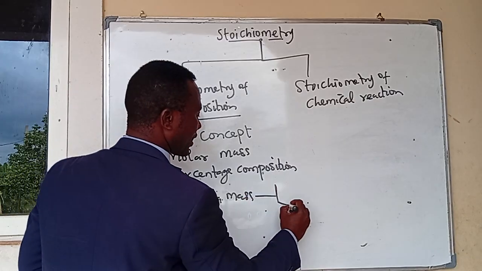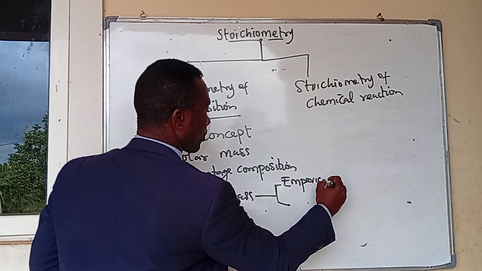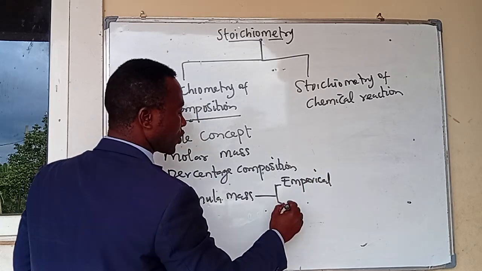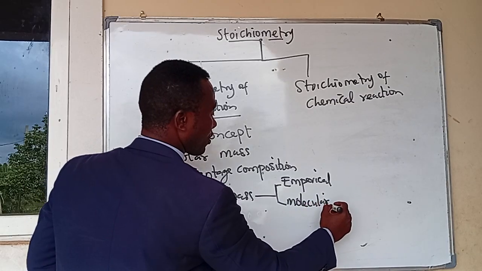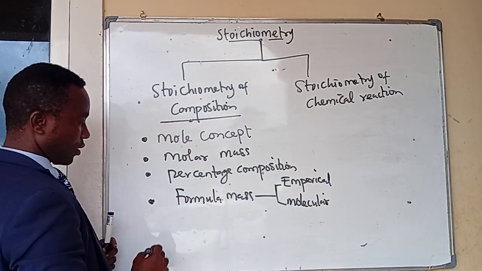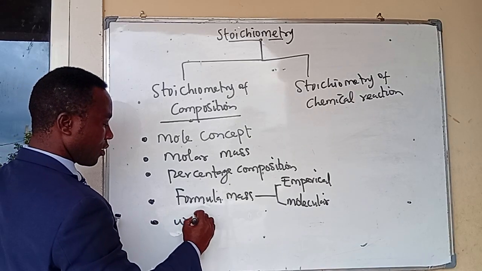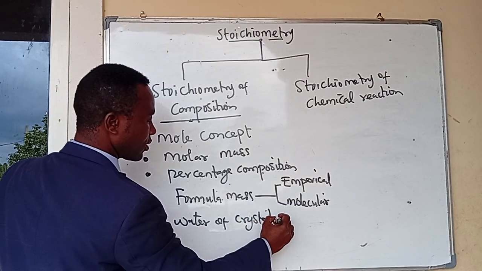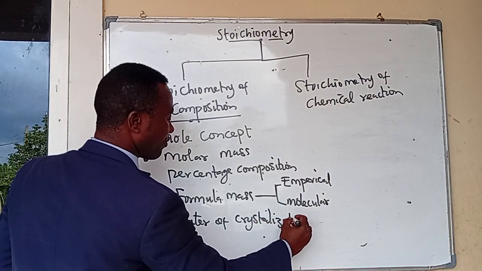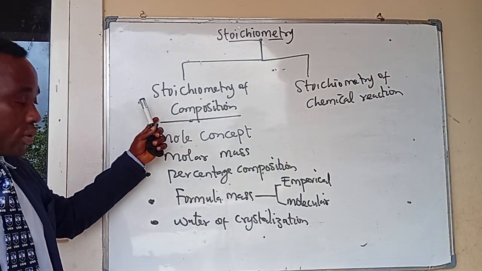Remember, formula mass can either be empirical formula, and then we also have molecular formula. Then you have water of crystallization. Calculations involving water of crystallization are under stoichiometry of composition.